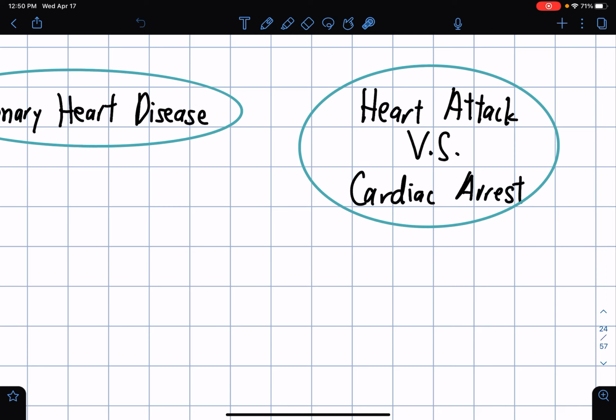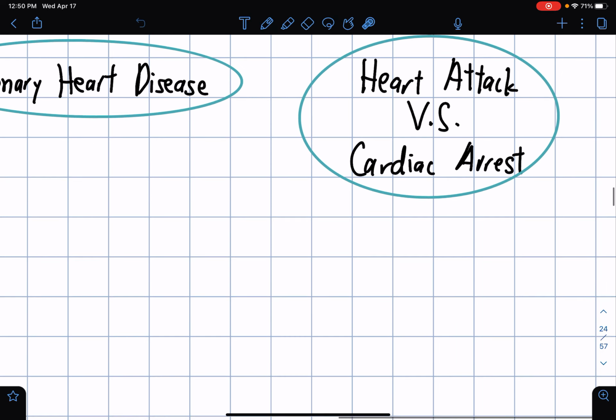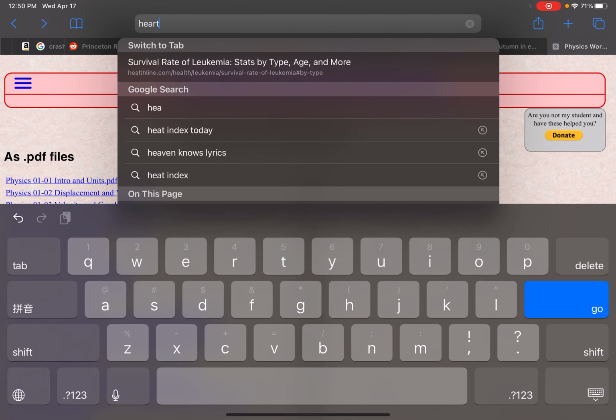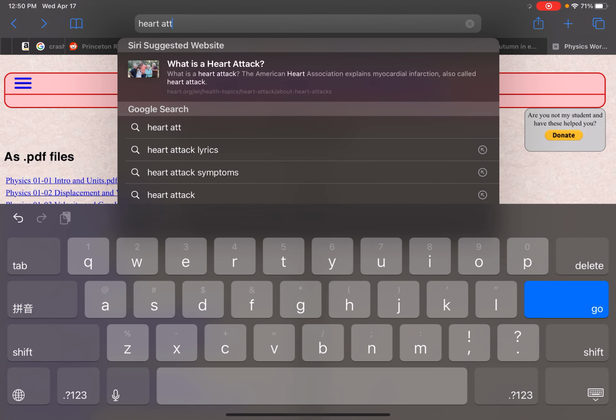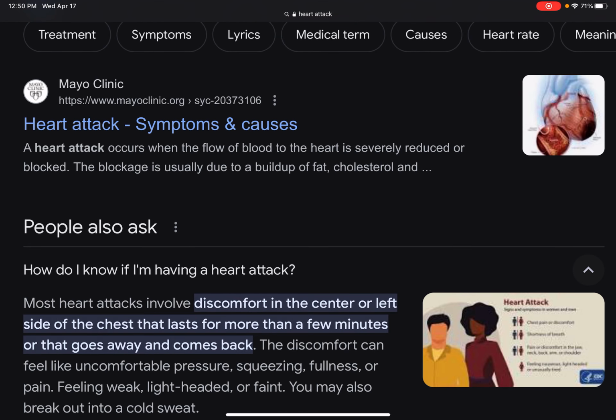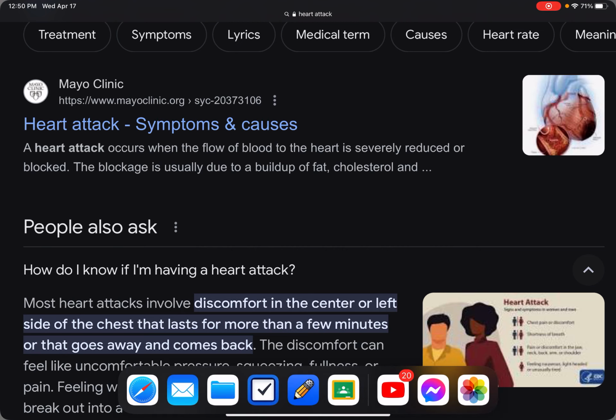Heart attack is basically when the heart, you know what, let's search it. But basically, cardiac arrest, on the contrary, is an electrical problem, unlike heart attack. So that's one difference. Heart attack happens when the flow of blood to the heart is severely reduced or blocked.